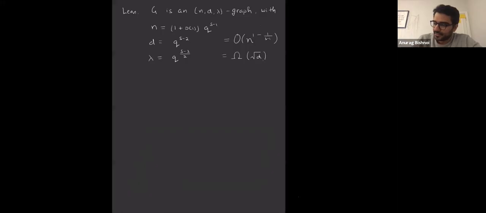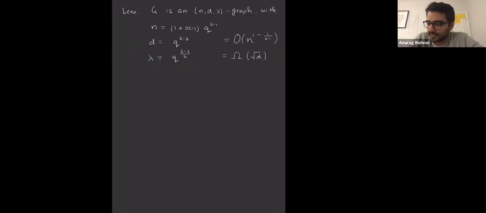And now the second thing I claim is that it's a d-regular graph where d is exactly equal to q to the s minus 2. And for this, we need s even. So this is where we will use s as even. And finally, I claim that lambda is q to the s minus 2 over 2, which is the square root of d.